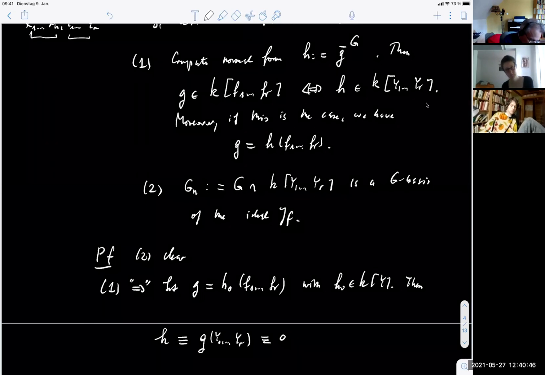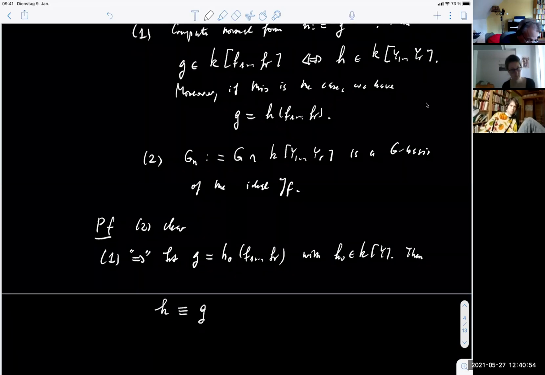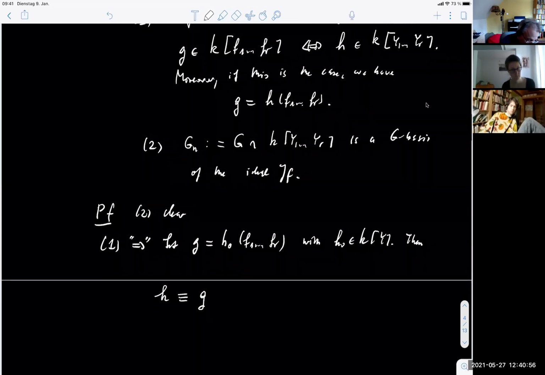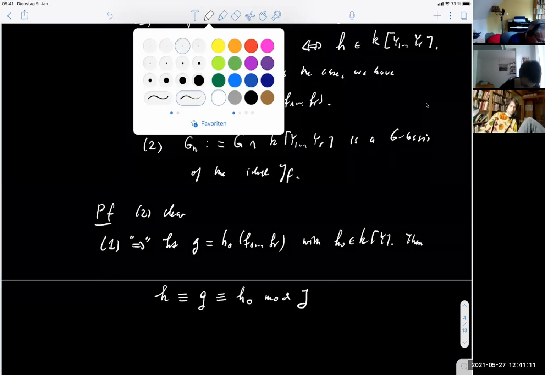No, I don't want to do this. This was rubbish because G is a polynomial in X. So what I want to say is, let me write it in what I think needs explanation. I claim I can put here H0, and it's a congruence mod J. So why is that the case?